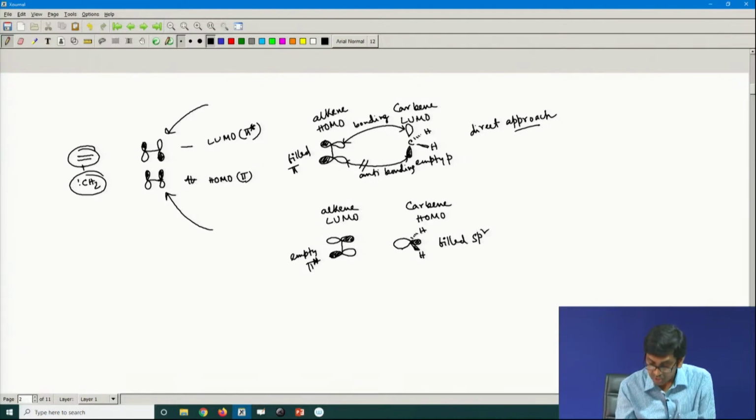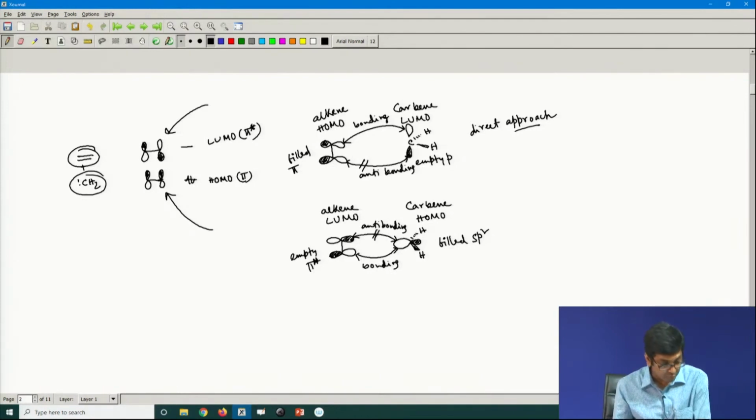So, this is the corresponding HOMO. Now, you see this is giving the anti bonding, though this is giving the bonding. Okay. That means in this way also this is not possible.